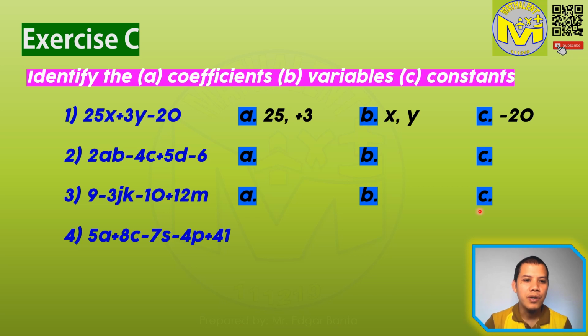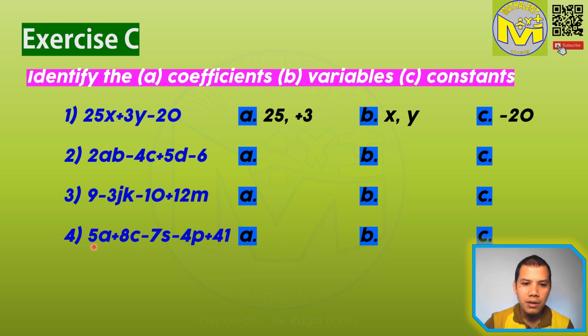Let's go to number 4. In number 4, how many terms do we have? We have 1, 2, 3, 4, and 5. Again, we have 5 terms: first term, second term, third term, fourth term, and fifth term.